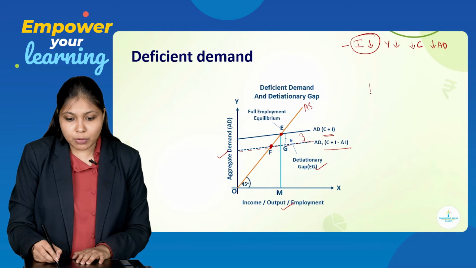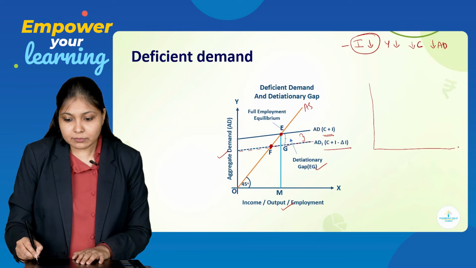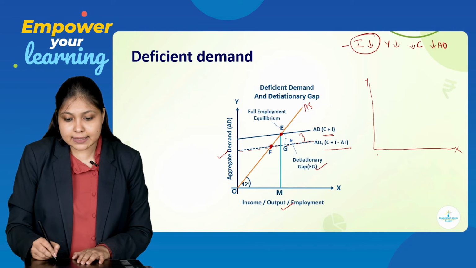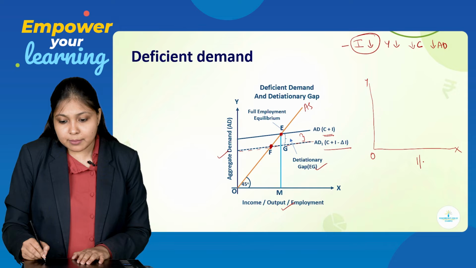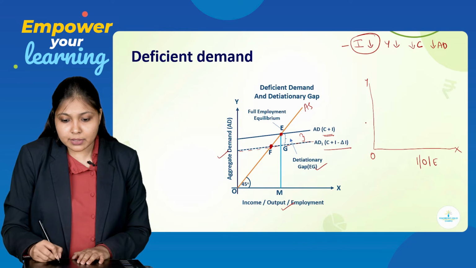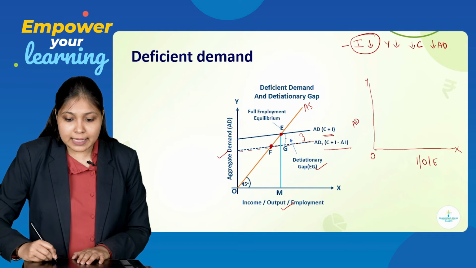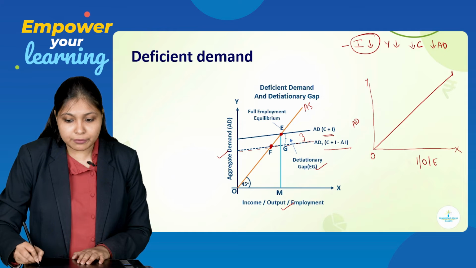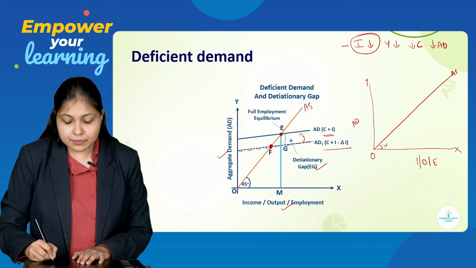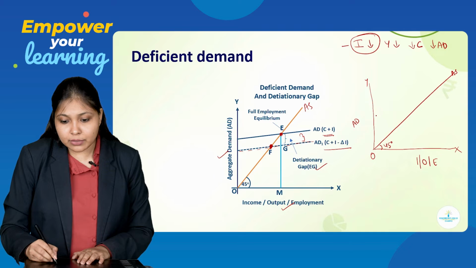So again, if I want to draw it: x-axis, y-axis, origin, income, output and employment on one axis, and AD on the other. My AS curve is going to be a 45-degree angle. My AD curve is going to be something like this.